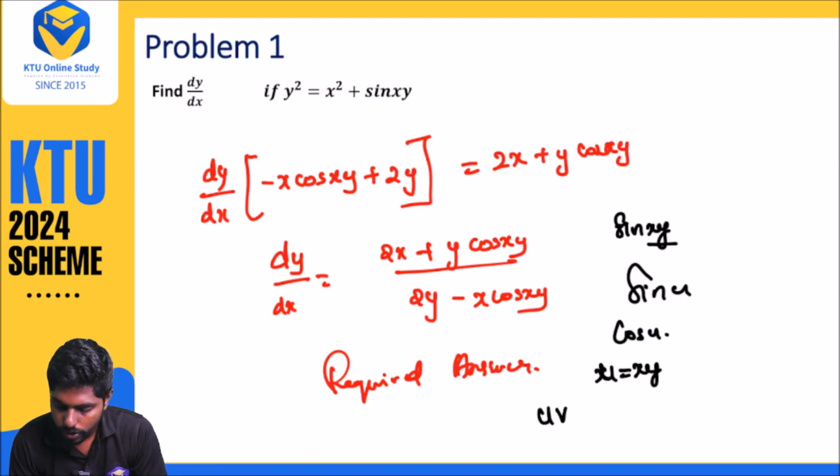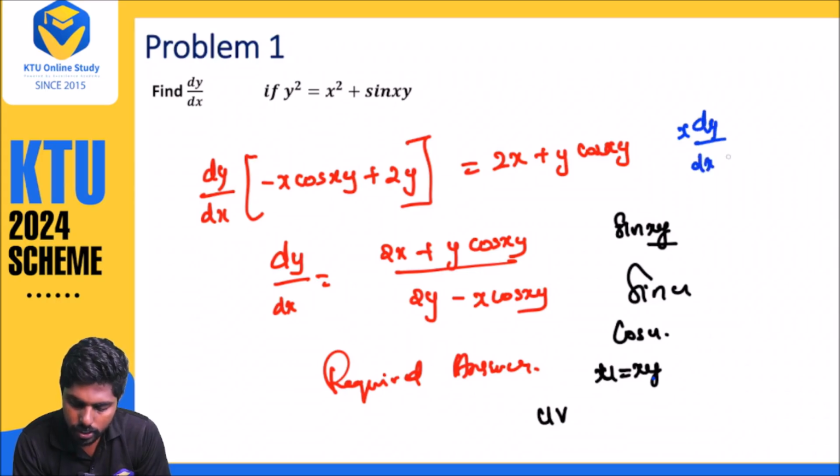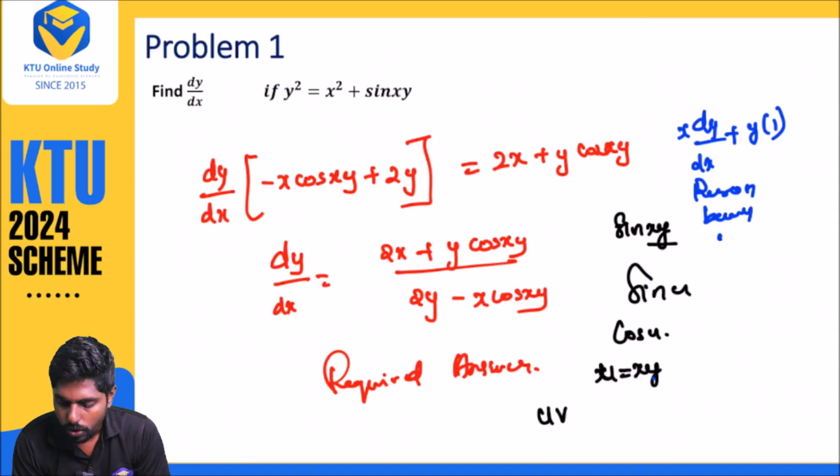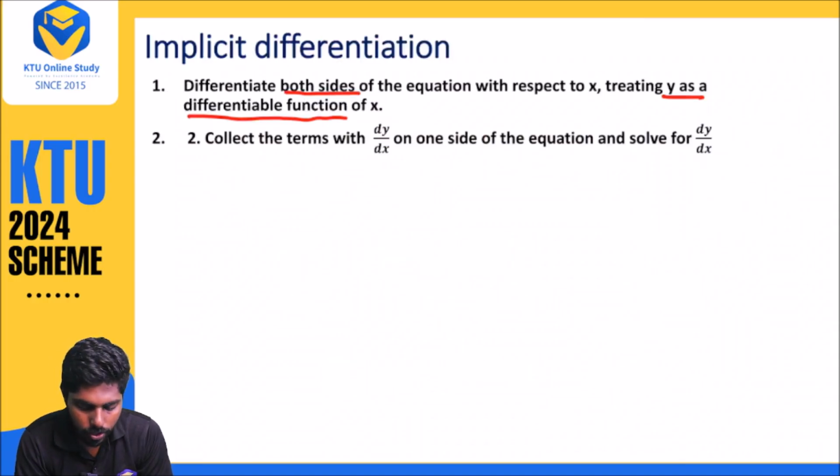So when the uv formula is used, it becomes u dash v plus u v dash. So this term will become x dy by dx plus y into 1. The reason is that y is a differentiable function of x.